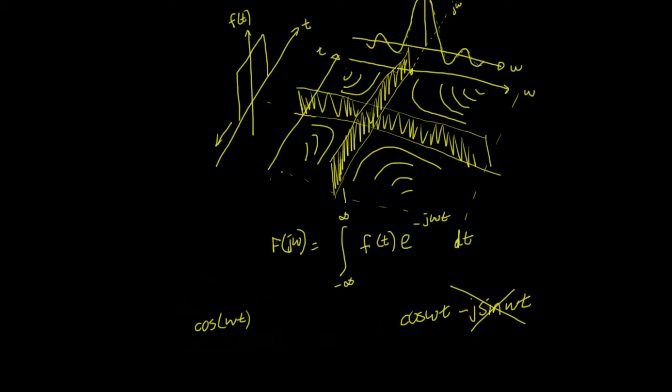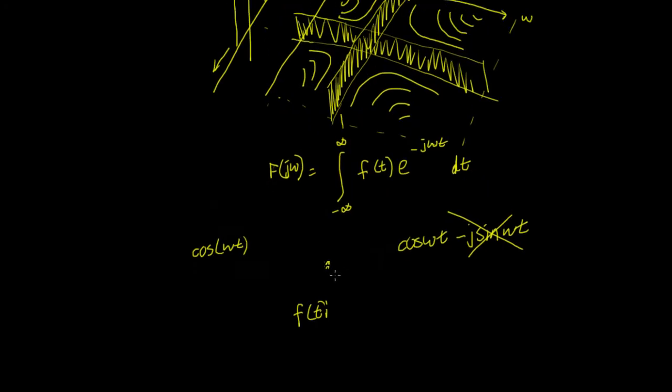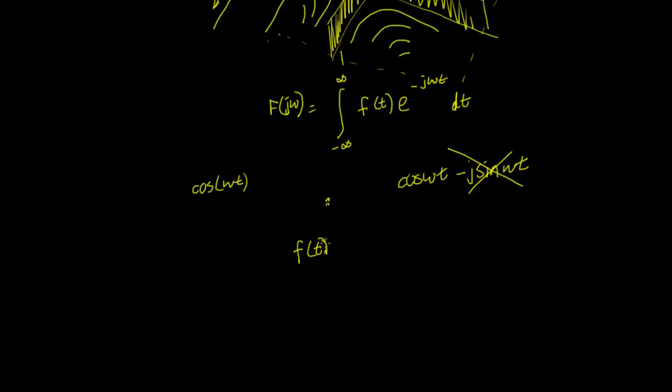So we're going to recreate our surface. So f of t will be 1 upon 2 pi, the integral from minus infinity to infinity of F of j omega e to the j omega t d omega.